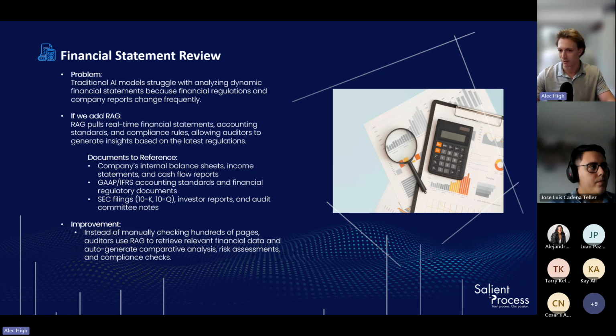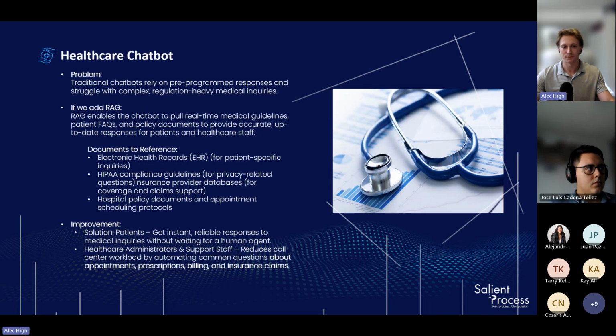With RAG, you can give it exactly that, feeding it up-to-date balance sheets, income statements, cash flow reports, accounting standards, anything you would need to create a good report. So rather than manually looking through hundreds of pages and piecing together a report, those analysts and accountants can use the Gen AI to search for those documents and then piece together the report for analysis.